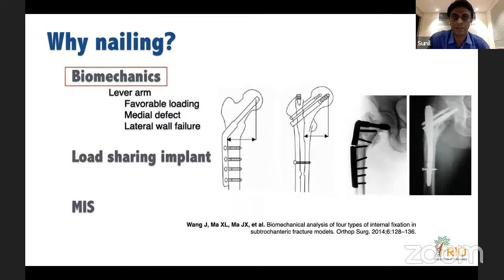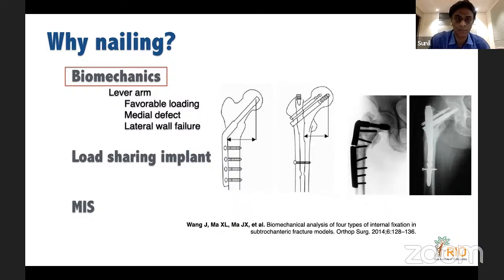First of all, the question is: when there are so many difficulties, why choose nailing of a subtrochanteric fracture? Why not choose a different option? The first thing is the biomechanical advantage that a nail will give you.